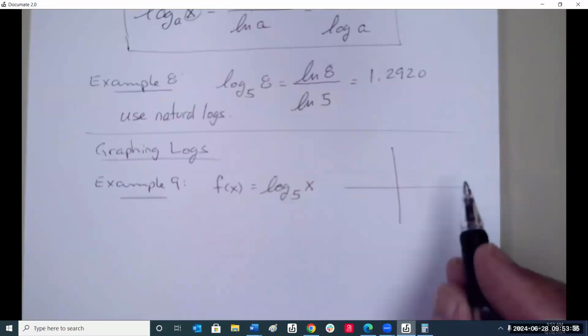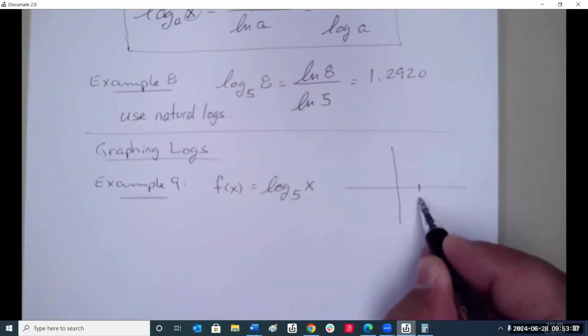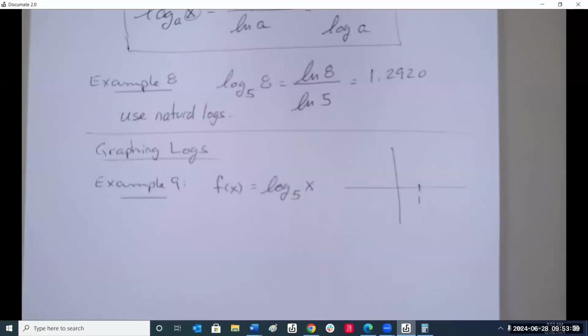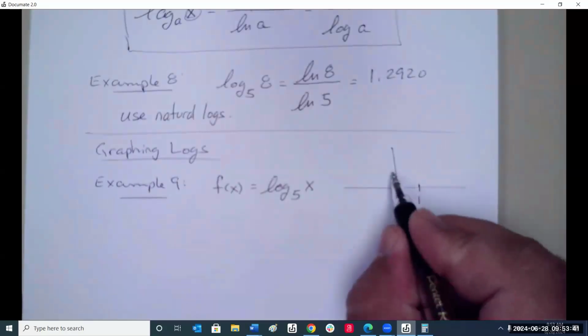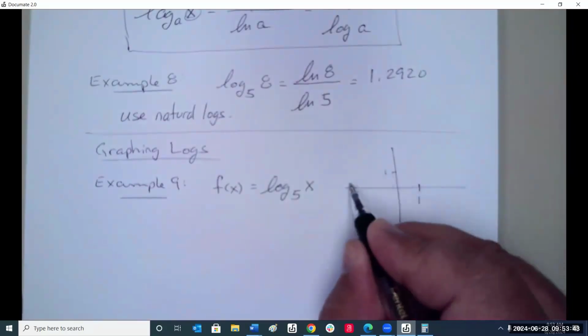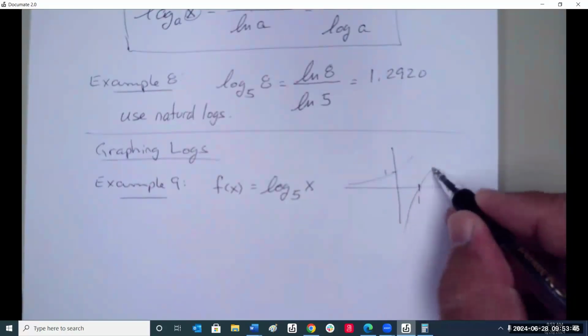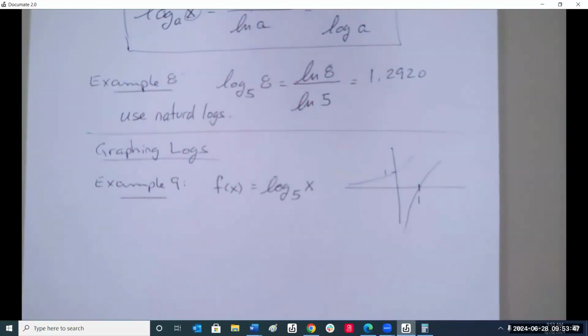The logs always cross at 1 on the x-axis. The exponentials cross at 1 on the y-axis. So it'll cross through 1, it'll have this basic shape.